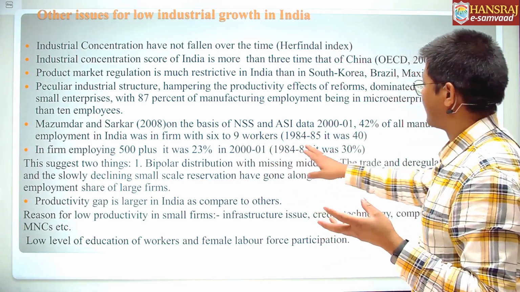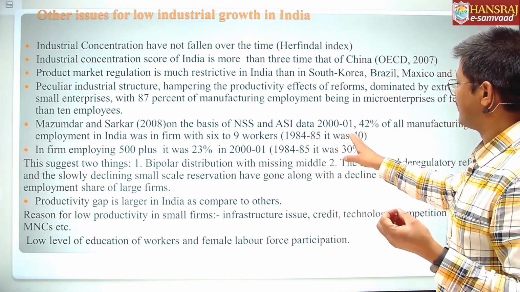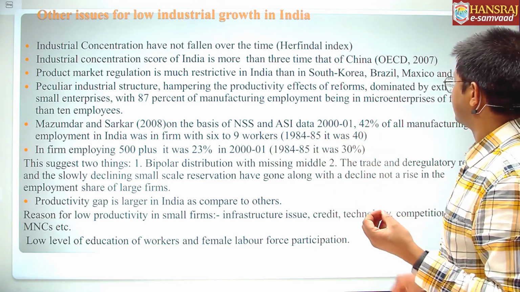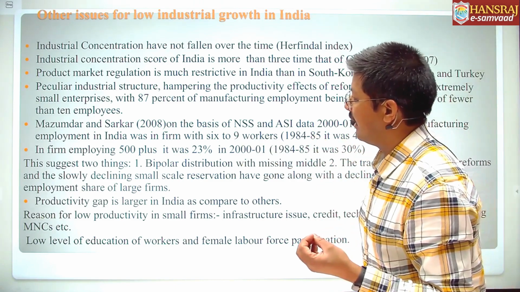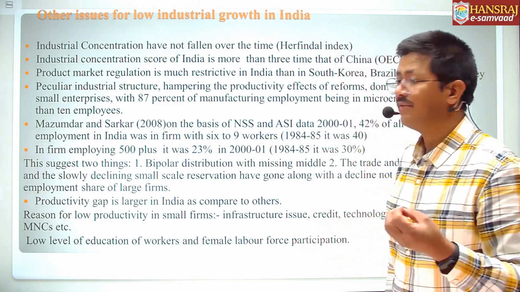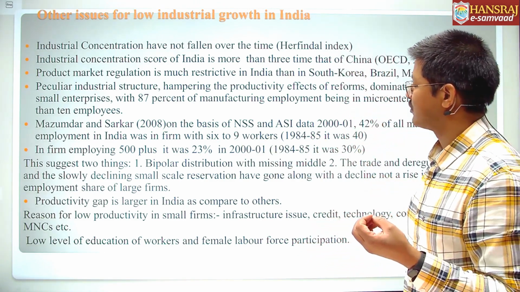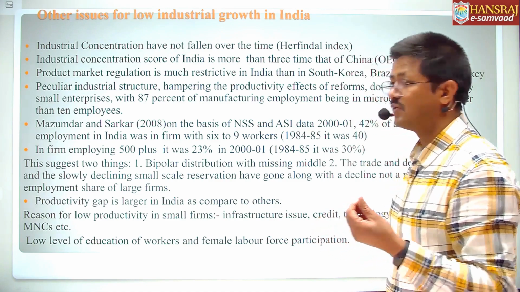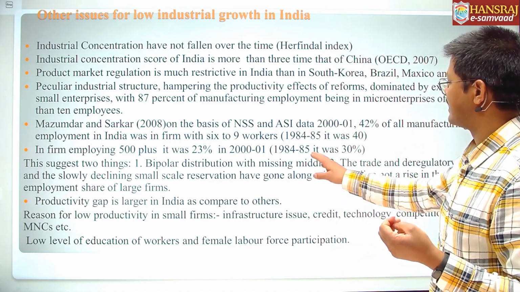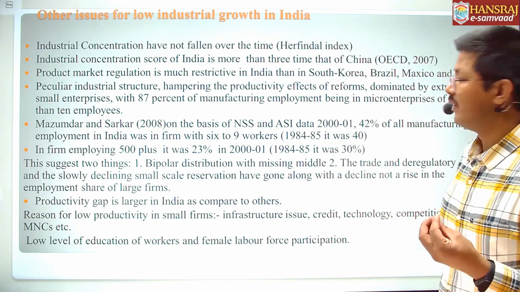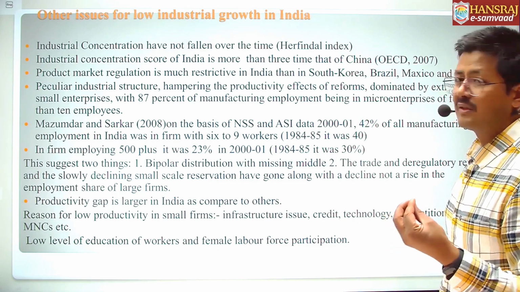In 1984-85, it was 40%. In firms employing 500 plus, it was 23% in 2000-2001. In 1984-85, it was 30%.